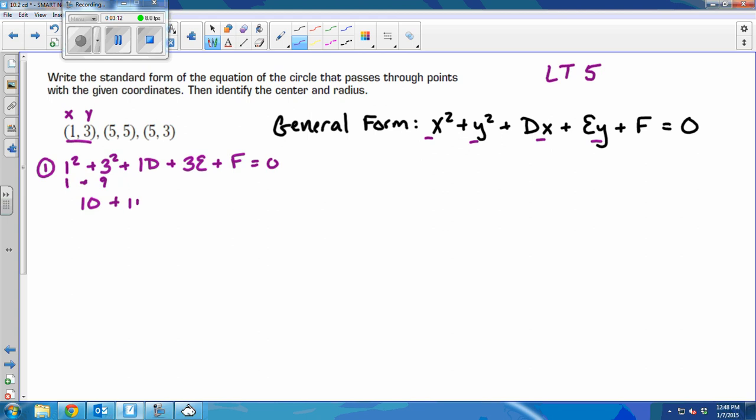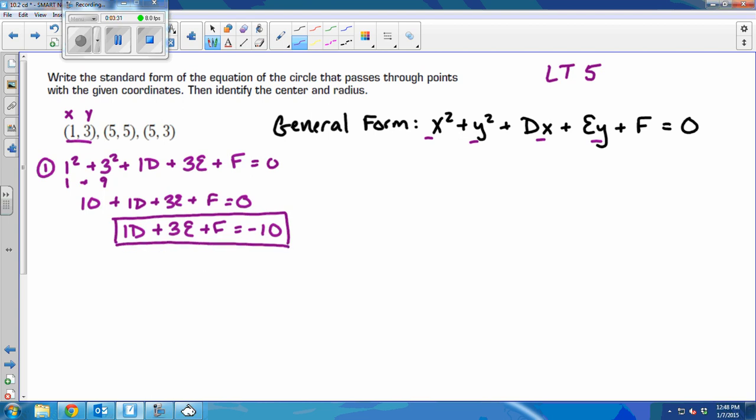So 10 plus 1d plus 3e plus f equals 0. And I want to subtract 10 because I want the constant on the other side. So that's my first equation. Everyone see where that came from?